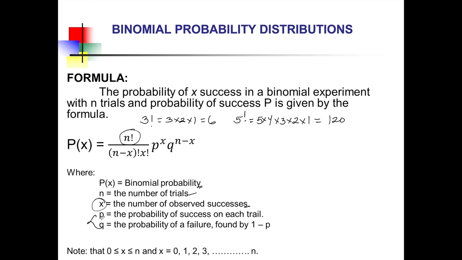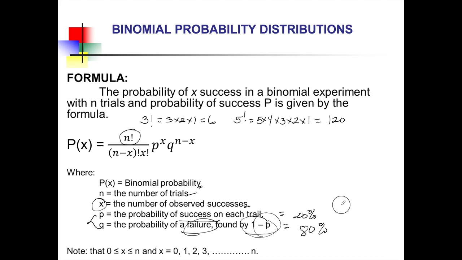And p and q are actually related to each other. When we say p, it is the probability of success on each trial, sorry for the typo error. The q is the probability of a failure. Since one is failure and the other is success, the q variable is found by 1 minus p. Therefore, if we have a 20% value of p, we have an 80% value of q.